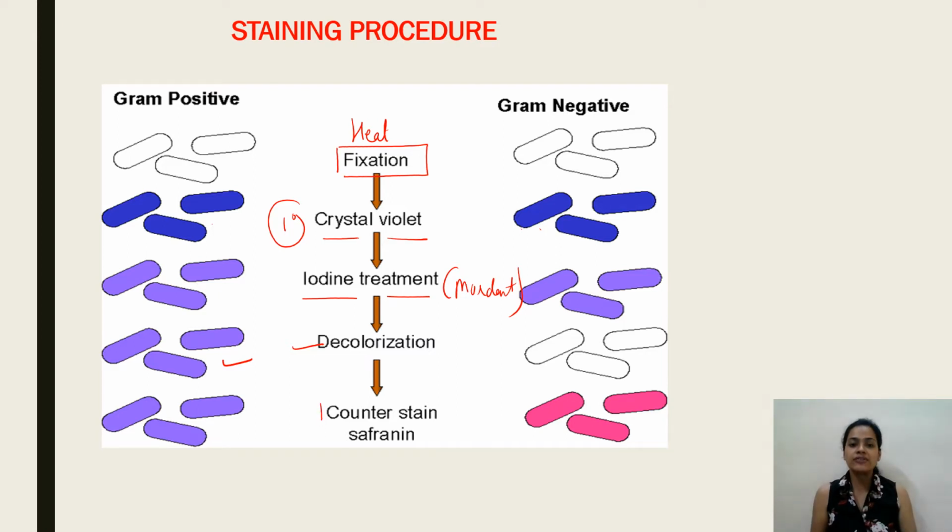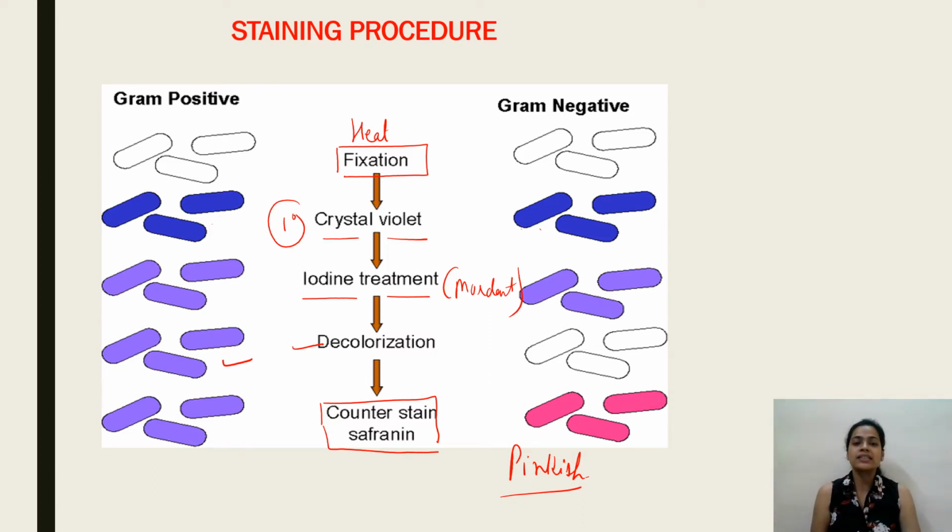Lastly we will be adding our counterstain, that is safranin, and the gram negative bacteria which was colorless in the previous step will now gain the color of the safranin and appear pinkish, or reddish in color. So these are the staining steps, the basic protocol of the staining technique.